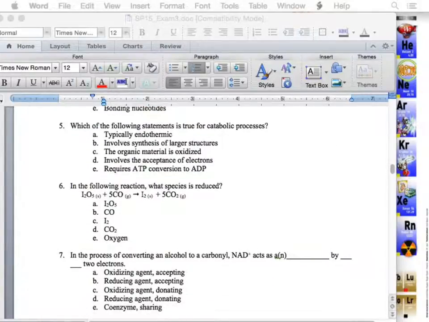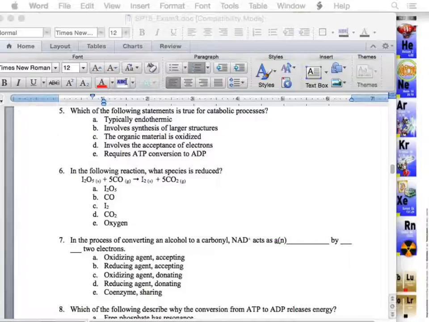Okay, so now officially into useful or relevant stuff for this exam. Which of the following statements is true for catabolic processes? What is happening for catabolism? Generally, we're releasing some energy. Break stuff. And by breaking stuff, what are we doing?